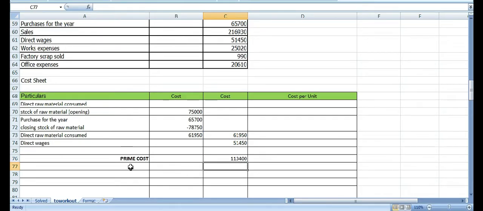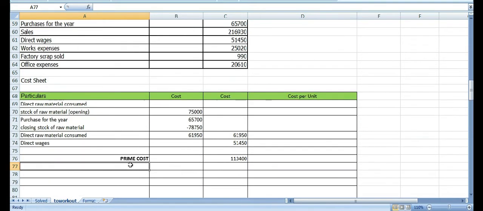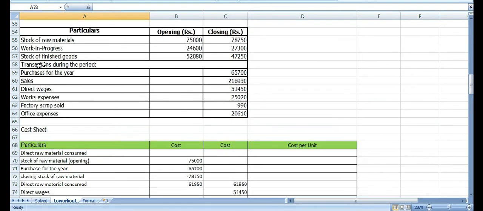Once we identify the prime cost, we will add the factory overheads in order to determine the factory cost or work cost. In factory overheads, we have to understand what expenses are given. One is work in progress.